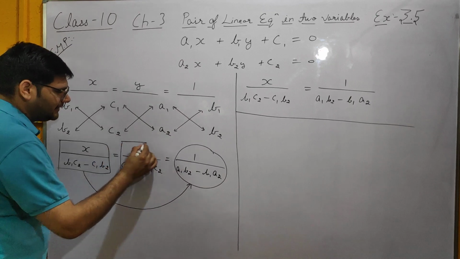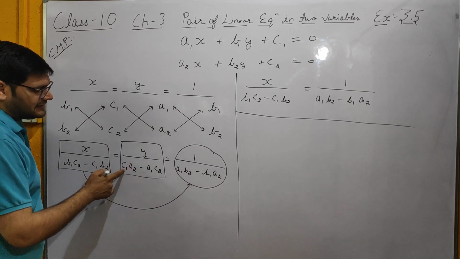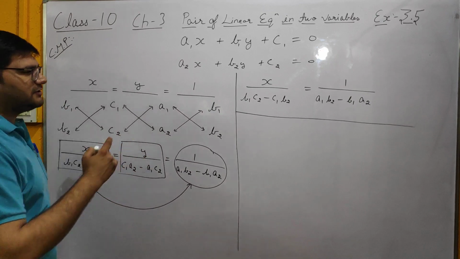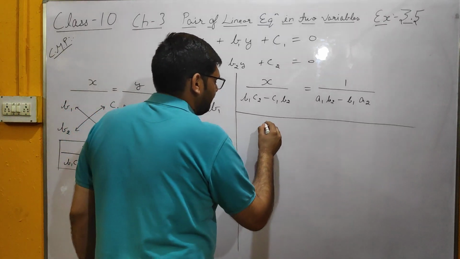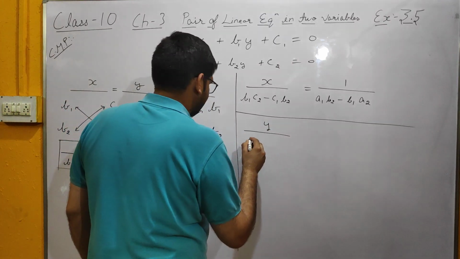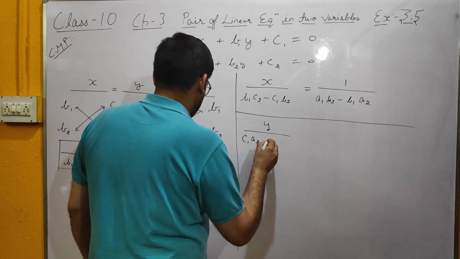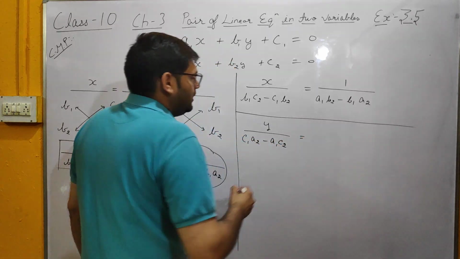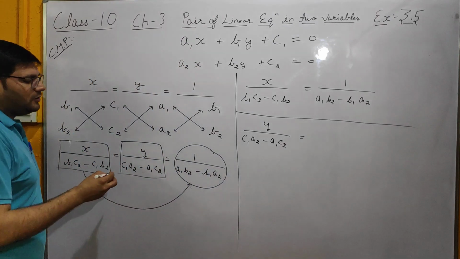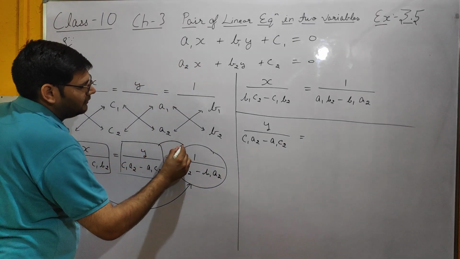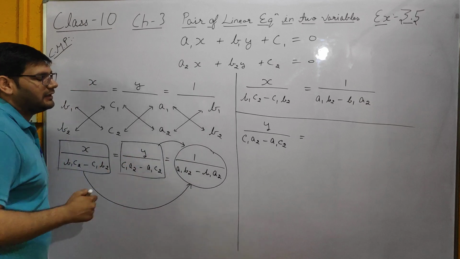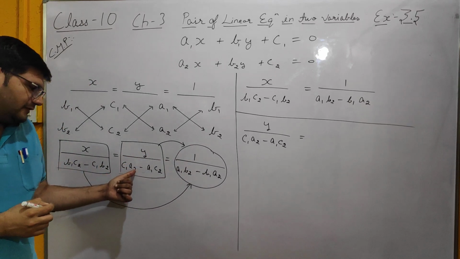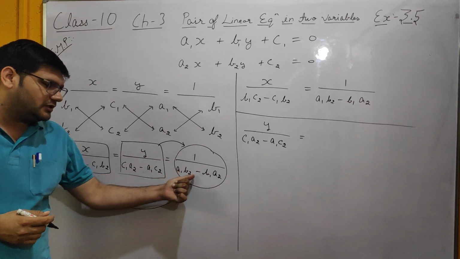Similarly, we will find the value for y. The fraction for y is y upon c1 a2 minus a1 c2. And we shall equate this fraction also with the same 1 upon a1 b2 minus b1 a2. Reason: we will put the values here also.